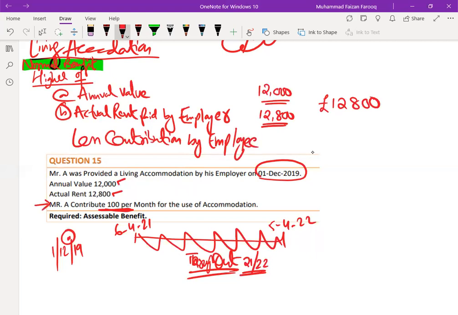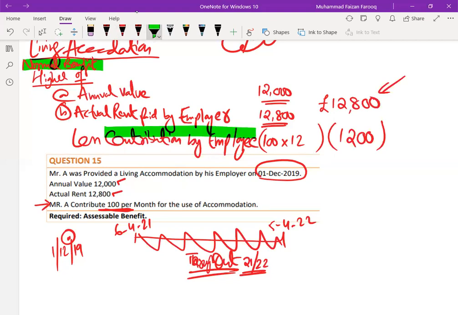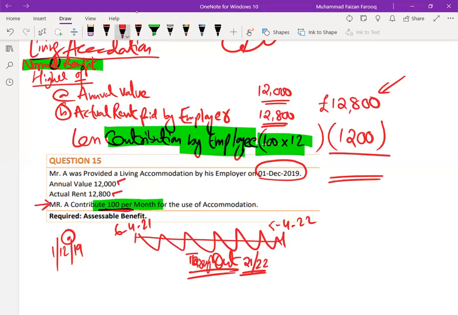Can you repeat the definition of benefit, please? What is the definition of benefit? I think that's free, right? So you got a benefit of 12,800 as per the tax working, but you return how much? How much do you repay him? 1,200 per month, right or wrong?